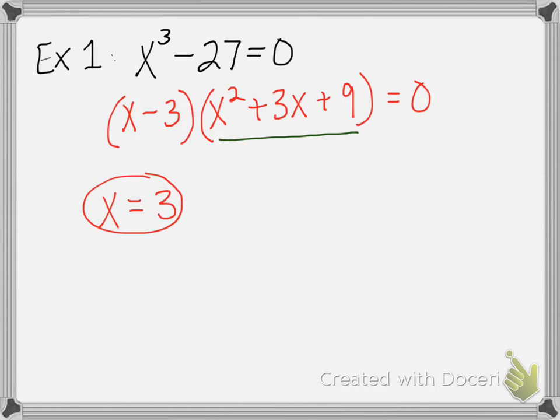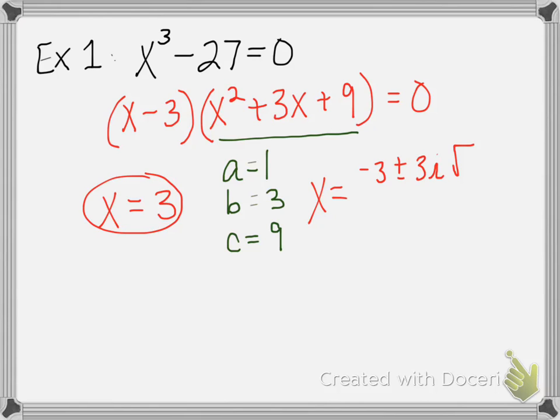For the quadratic part, you need to go to your calculator, to the Algebra 2 program, and select quad, a equals 1, b equals 3, and c equals 9. If you type that in, the 2 answers it's going to give you is x equals negative 3 plus or minus 3i square root of 3, over 2.